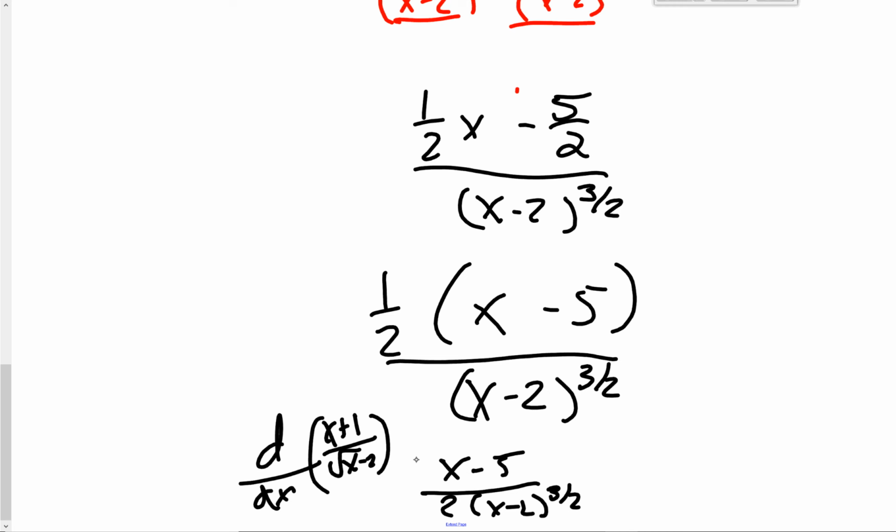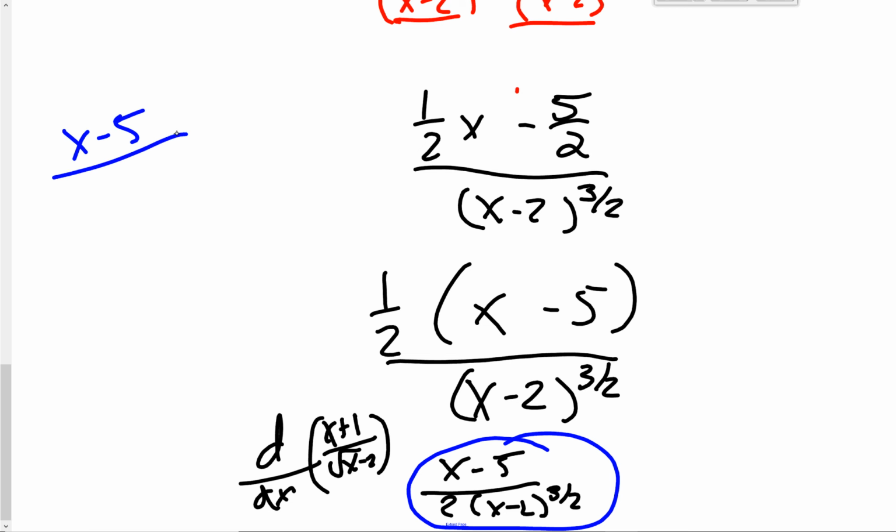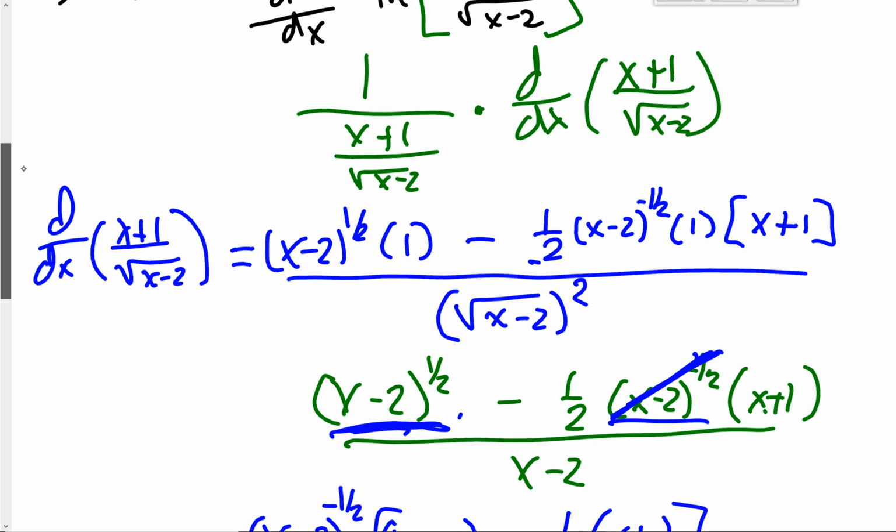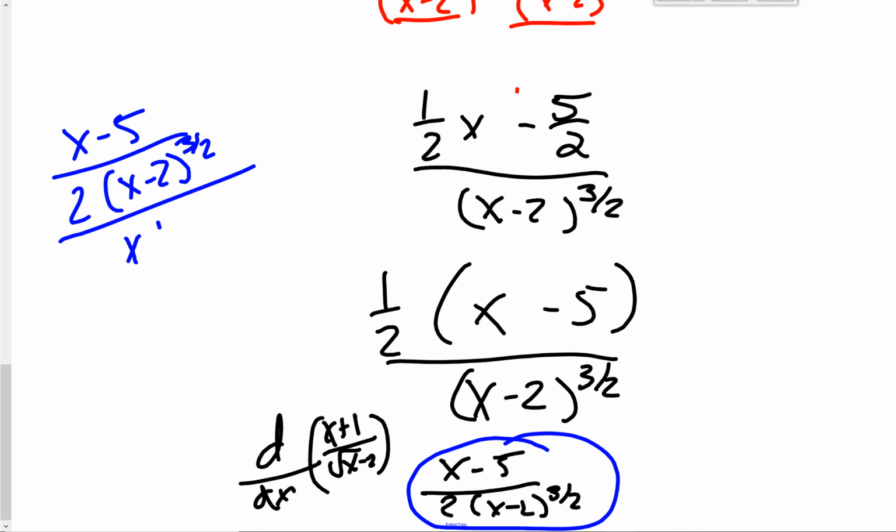So now I can go ahead and take this and times that by my derivative of the inside, which was this. So basically this one's just going to go on top. So the x minus 5 over 2 times x minus 2 to the 3 halves, that's going to go on top, where the other one was x plus 1 over square root of x minus 2, which we can rewrite as to the half power.